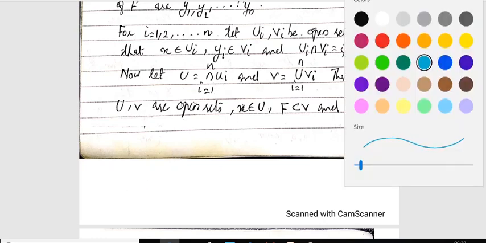Now for a neat picture, suppose this is x, and here is a point y. I am taking only a three element set: y, z, and another point a. These three are different from your x.